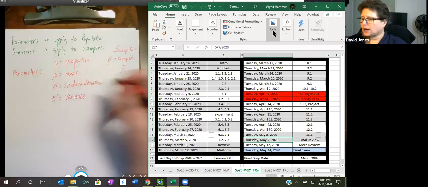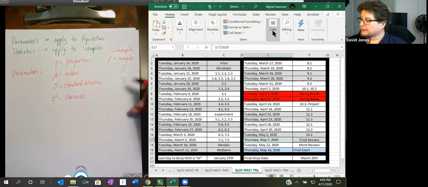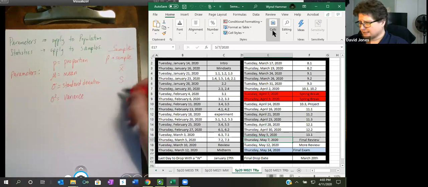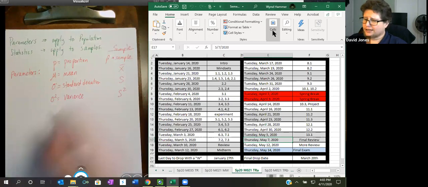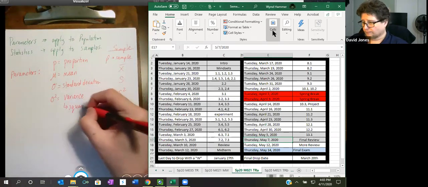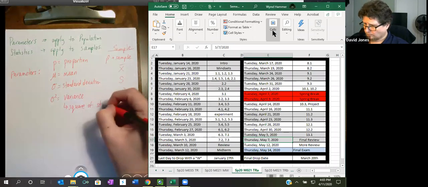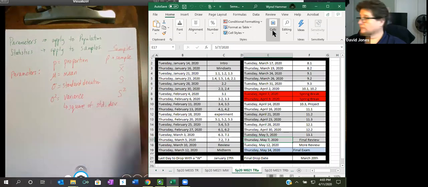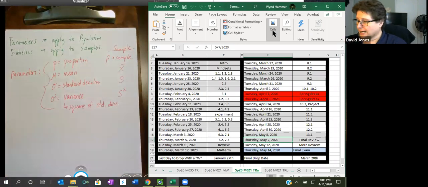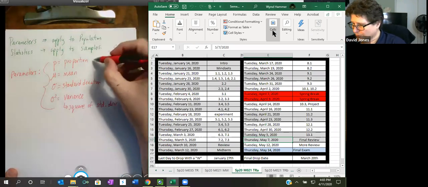We won't do a whole lot with variance, but it does show up if you go further down the rabbit hole of statistics. But variance is just the square of standard deviation. So those are our parameters, and those are our sample symbols.